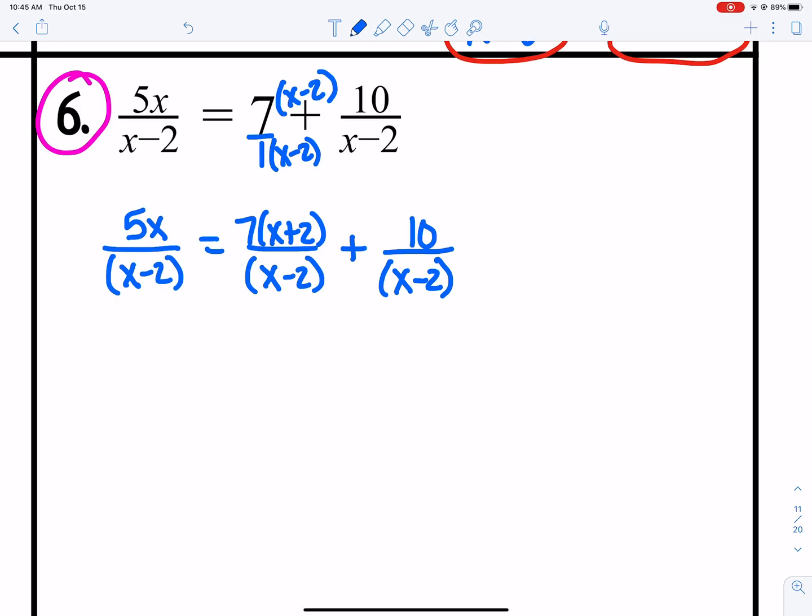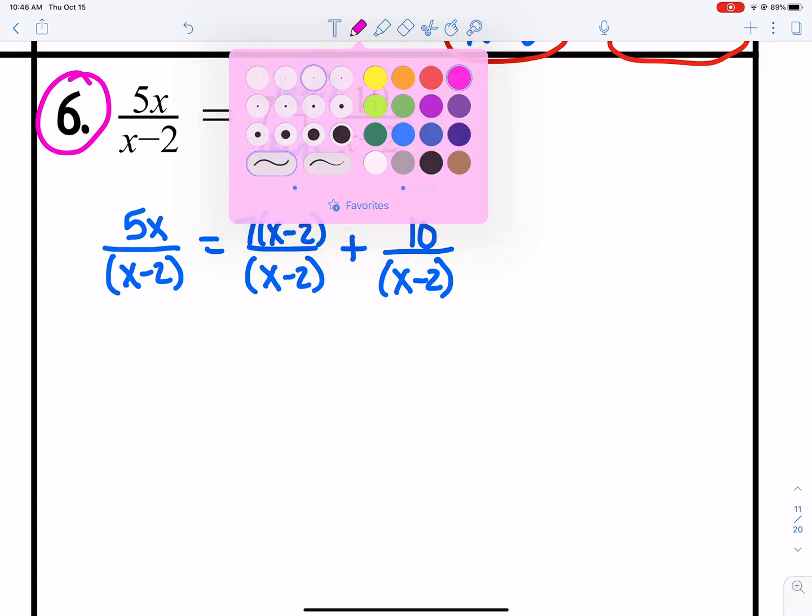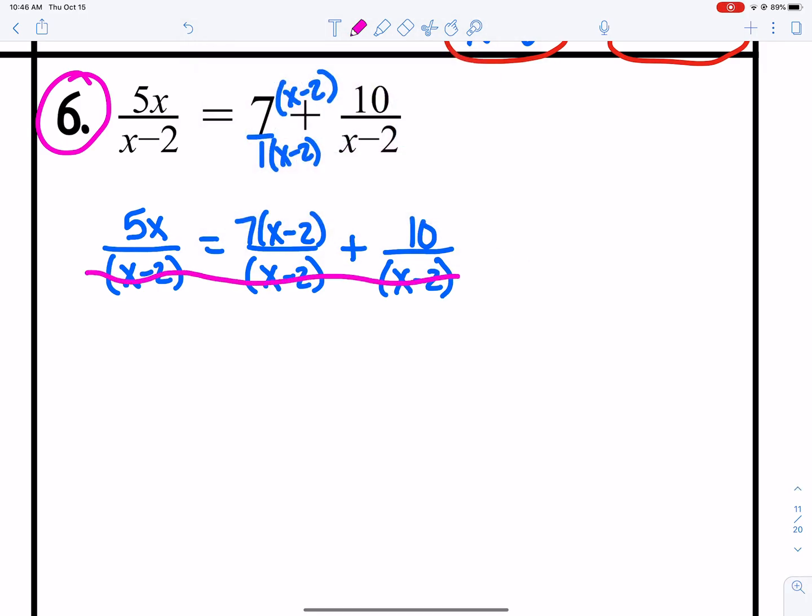All right. Let me fix that one. So x minus 2. And then once we get the denominators to match, we can cancel them out and bring down the numerator. So you get 5x equals, I'm going to go ahead and distribute the 7. So I get 7x minus 14 plus 10. And then from there, it's just a linear equation.